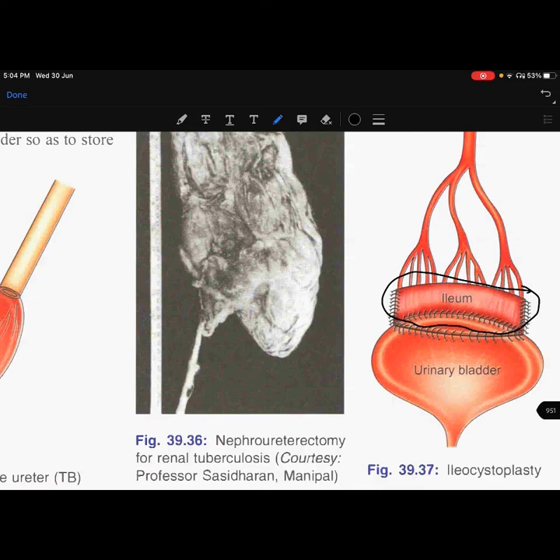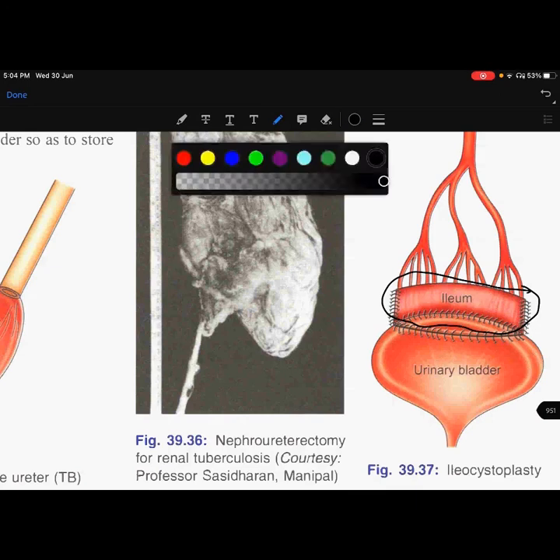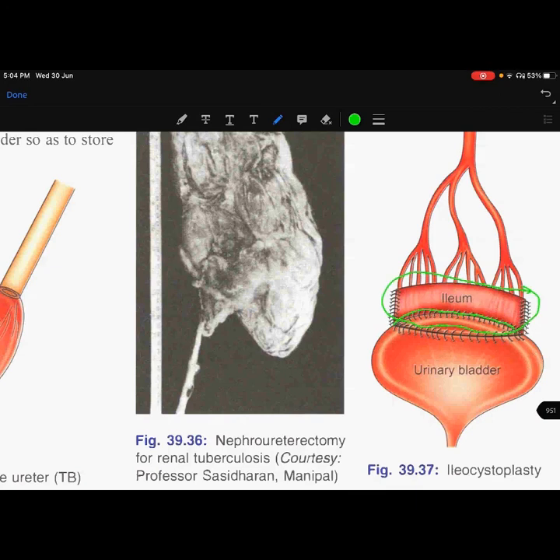What is done? It is isolated along with blood vessels. And the area of fibrosis, like where the urinary bladder is fibrous. For example, take that this is the area of the urinary bladder that is fibrous. They will remove the fibrous part of the bladder and insert this ileal loop, and suture it with healthy urinary bladder tissue.